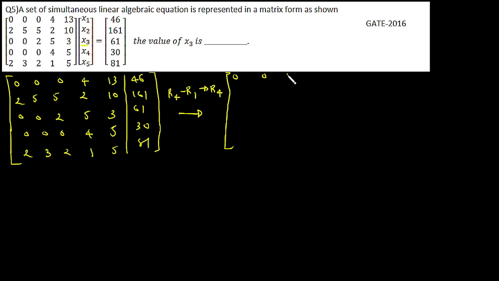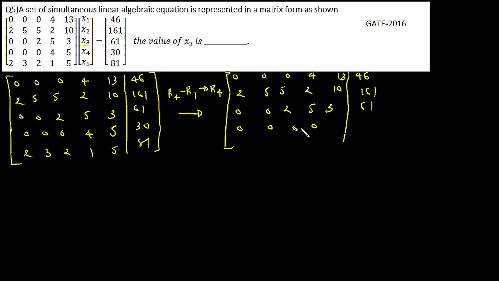0. Now here 4, and we get minus from this first row.